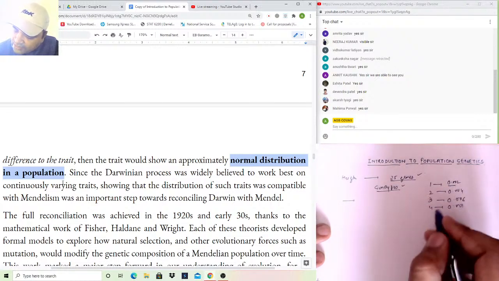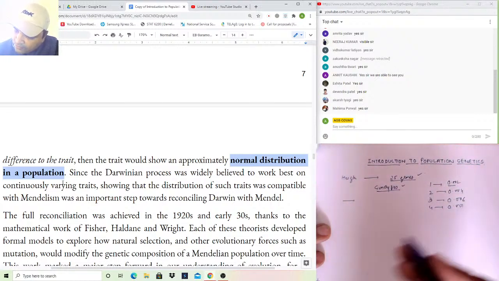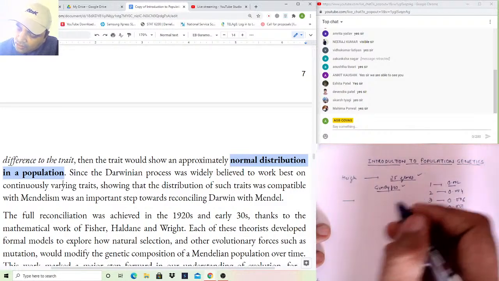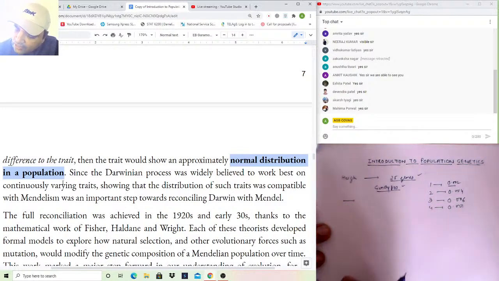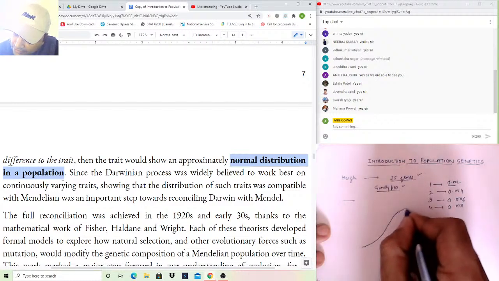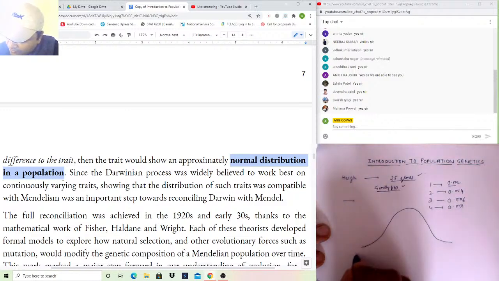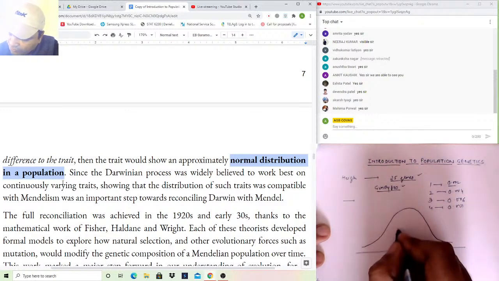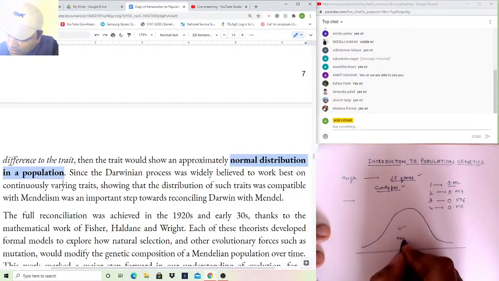If we find which combinations are available and plot according to those combinations, you will find that height, as a resultant of the combination of these genes, will follow a normal distribution.